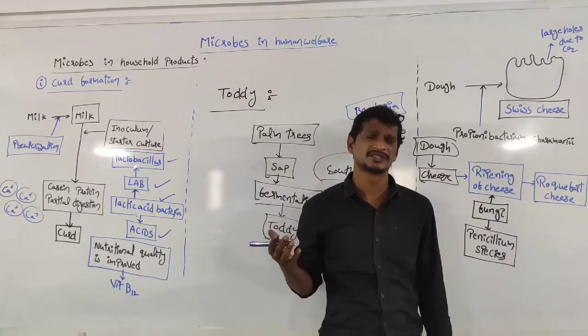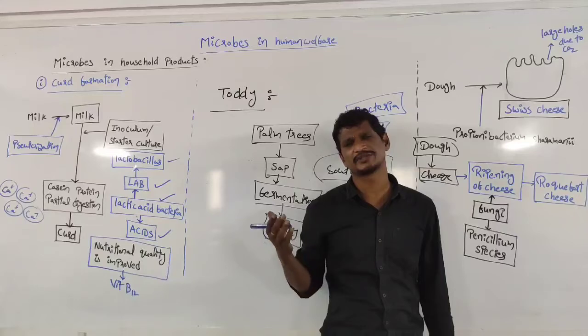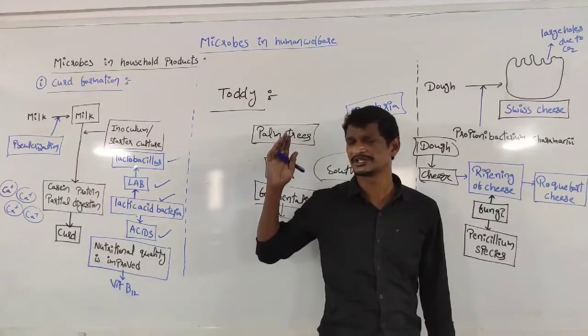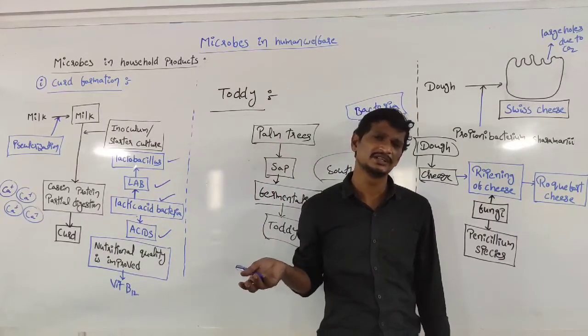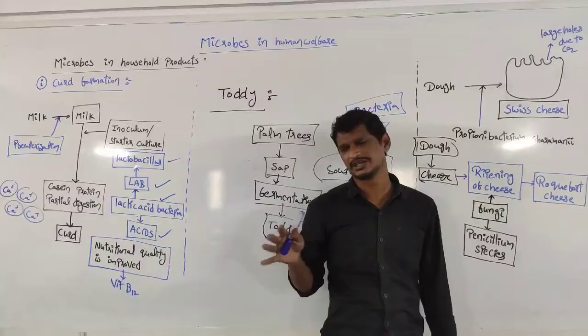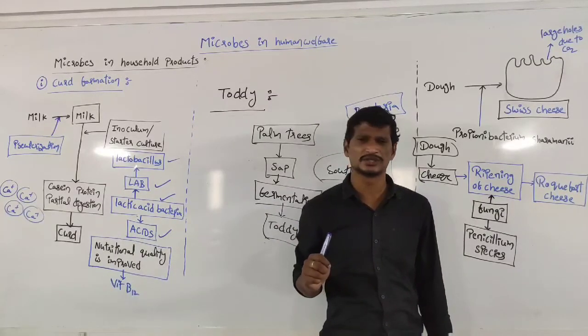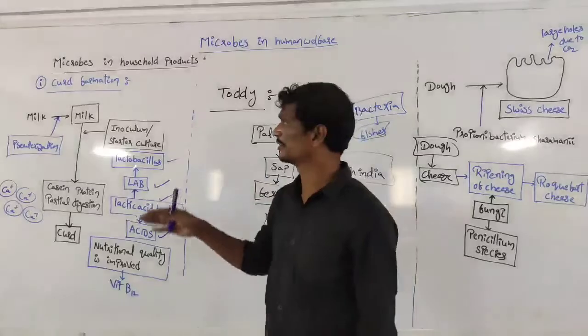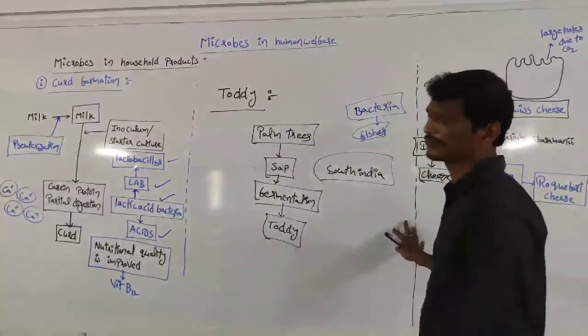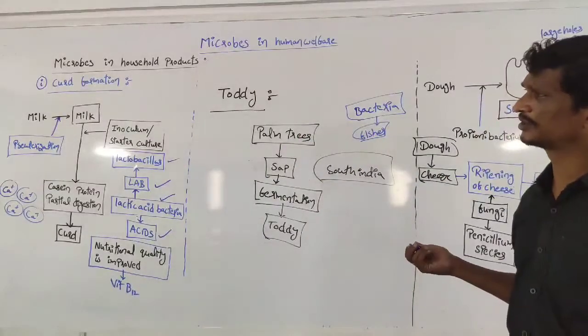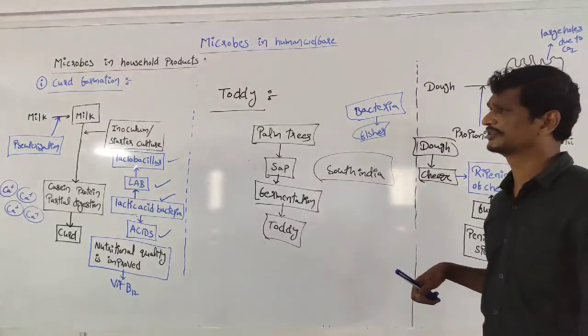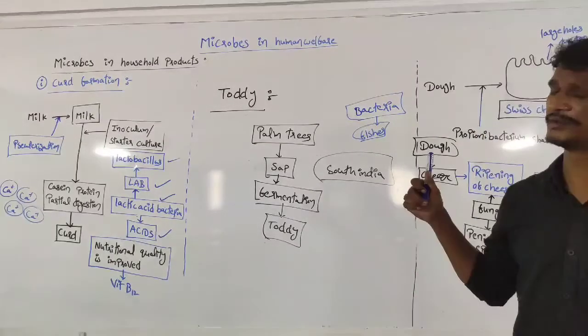At the same time, some bacteria are also required. Due to the presence of these bacteria, the fermentation of fish will be done, right? Then that one has other nutritional values also. Right? That is about the household products. And next we will discuss the industrial products produced by the microbes.